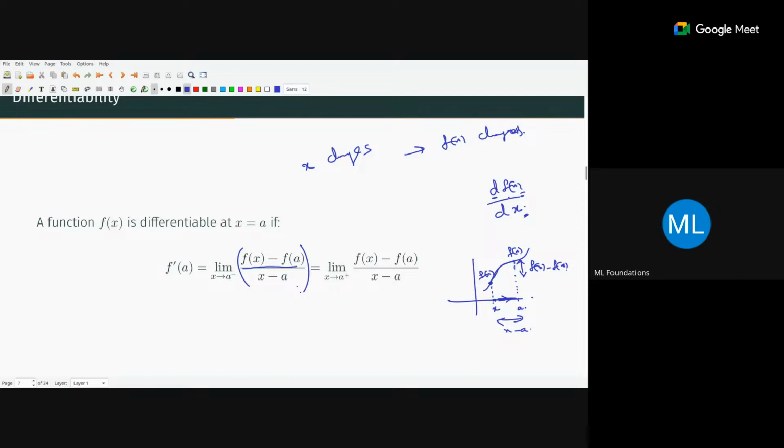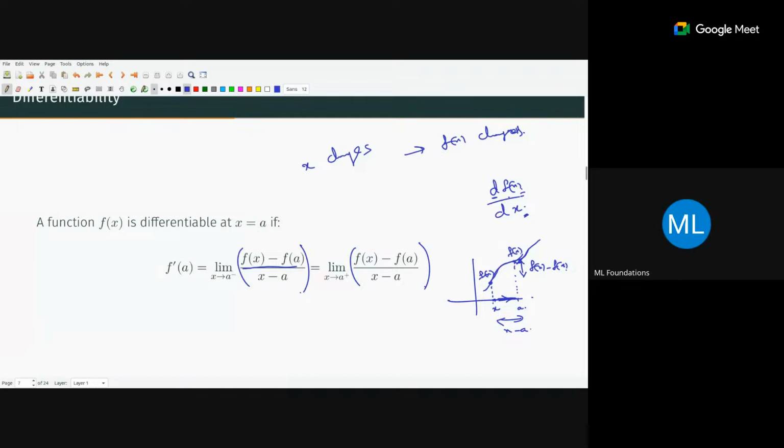So we will see how the rate is changing, and we will also compare this with the right hand limit. What if x is coming from the other side, the right hand side, then how is the difference between the function values with respect to the difference in x? How is that limit?